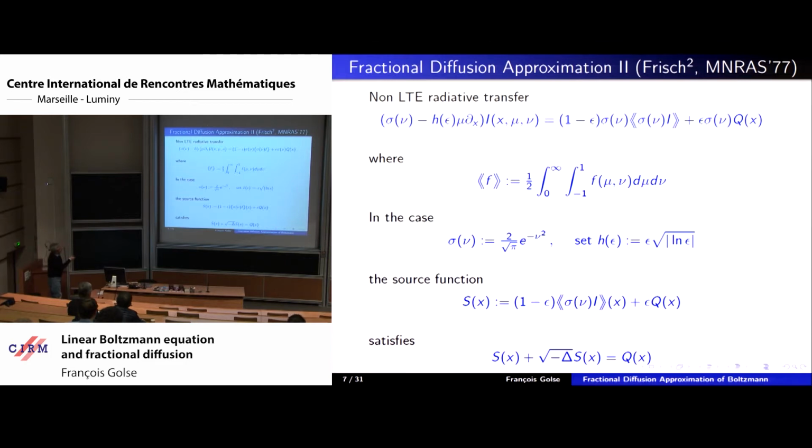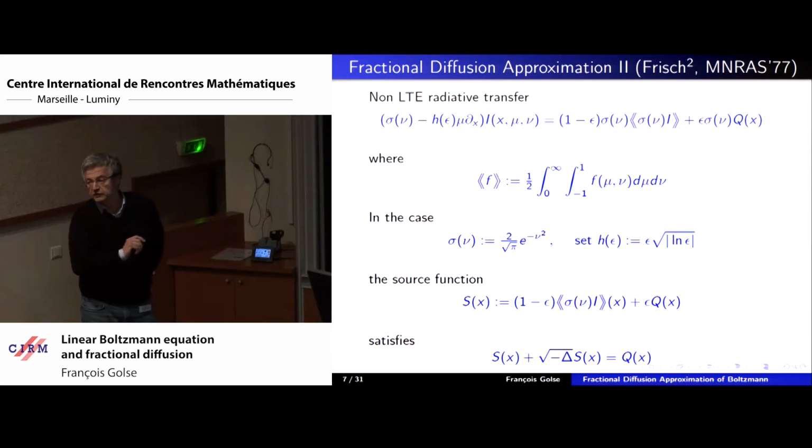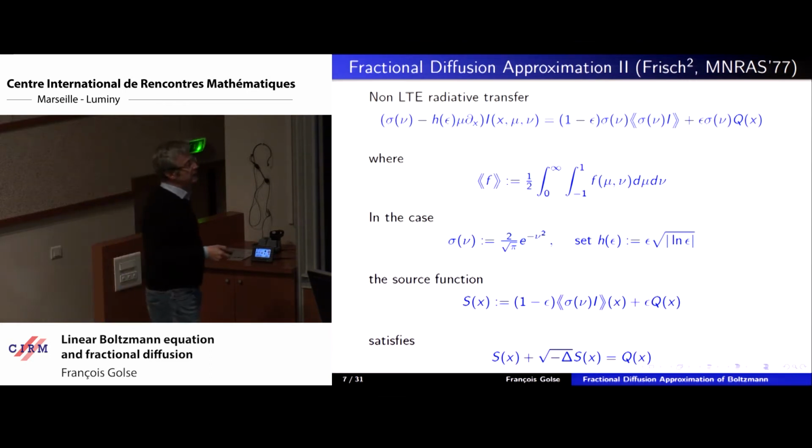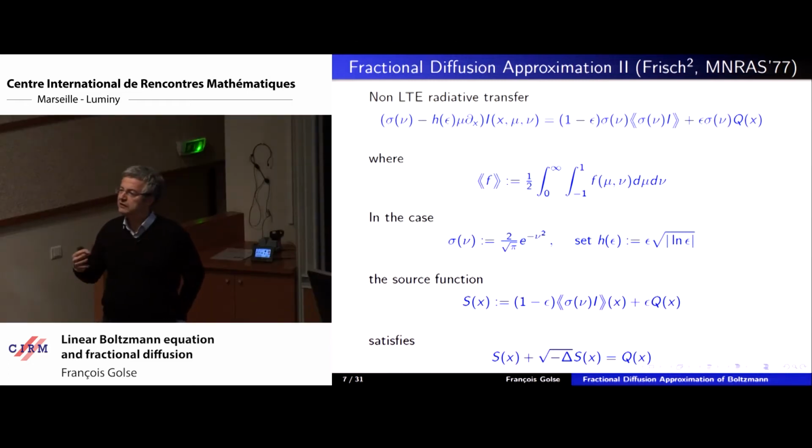And here, for non-LTE radiative transfer, they consider a case where sigma has Gaussian decay. You see immediately that for large frequencies, the damping effect of the scattering rate will vanish very rapidly. For that reason, the mean square displacement of the photons between two scattering events is not proportional to the square root of time, so you don't have a standard diffusion.